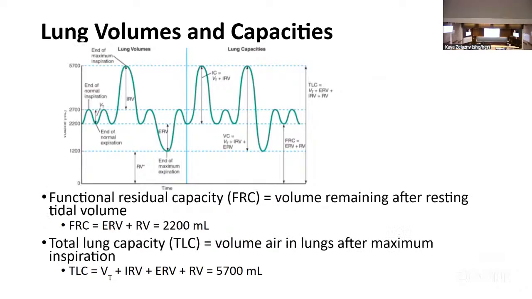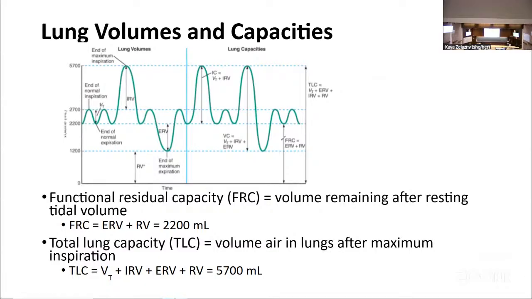Okay, and I didn't pull up this slide last time, although we talked about these quantities. We can also look at our functional residual capacity as a value. That's basically the amount of air that's left in your lungs after a normal tidal breath, a normal easy breath.